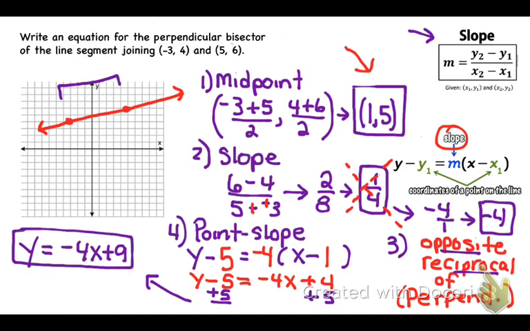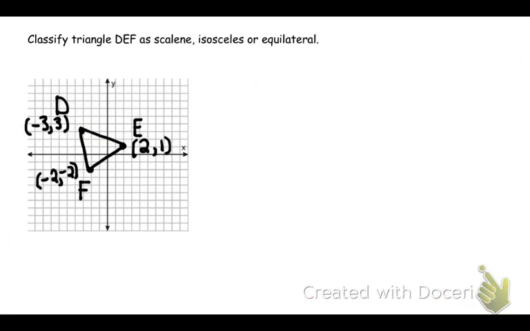And we have just one more example. In this example, we're asked to determine if triangle DEF is scalene, isosceles, or equilateral. And remember that scalene has all sides that are different lengths.